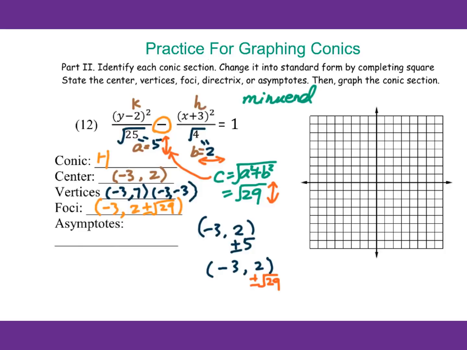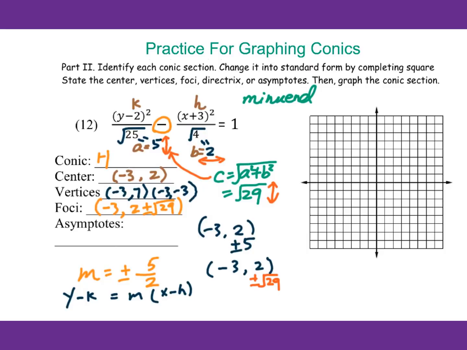For asymptote line, you will get slope first, plus or minus, rise over run, therefore it's 5/2. Then the pattern for asymptote line will be y minus k equals m times x minus h.